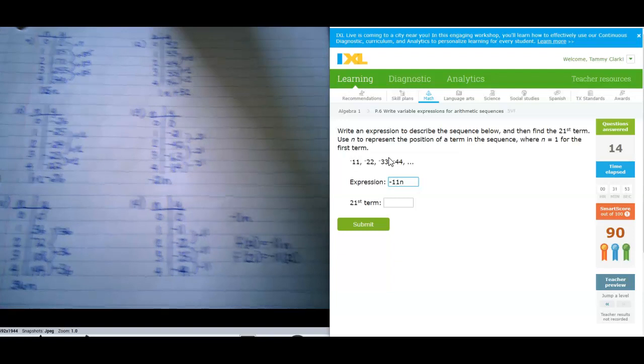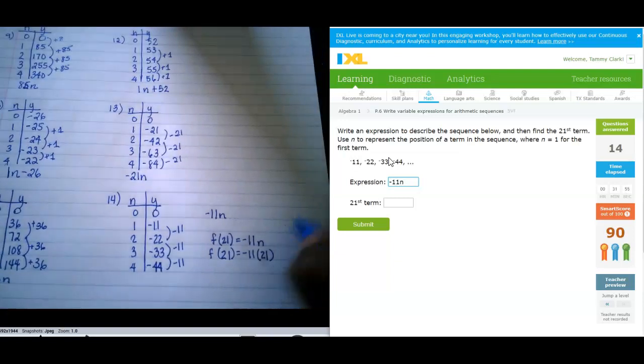So I'm going to take a little break over here and actually multiply those. 11 times 21. So that gives me 231. Okay. I'll put 231 right here.